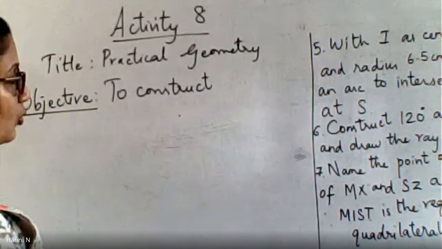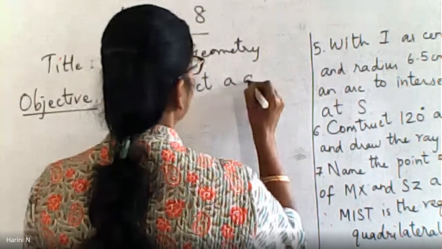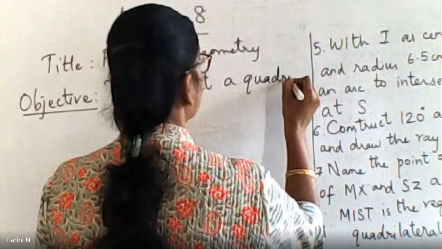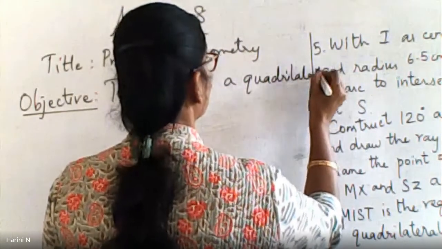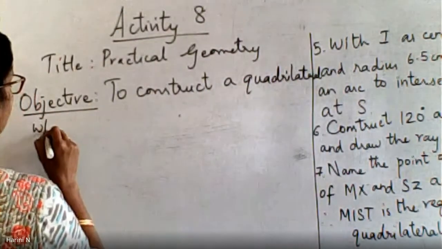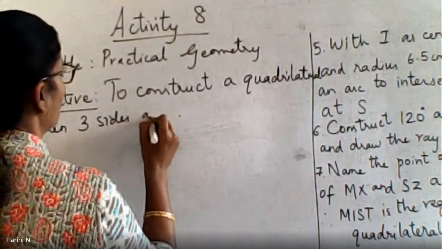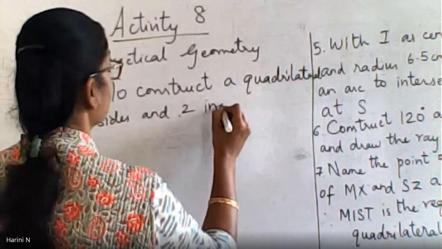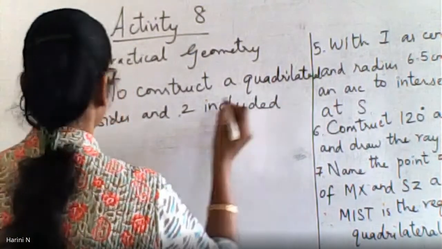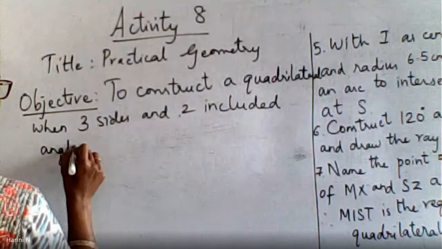That's why they are included angles. To construct a quadrilateral, when 3 sides and 2 included angles are given.